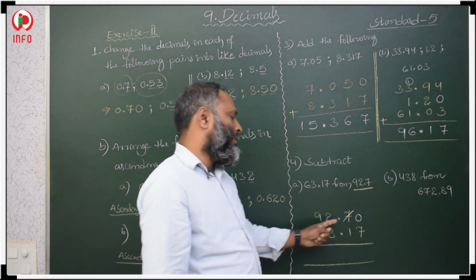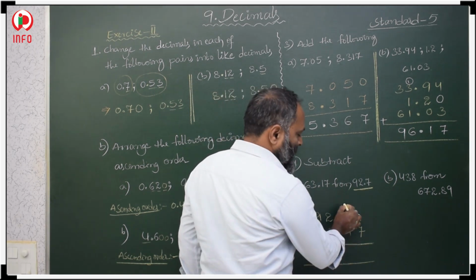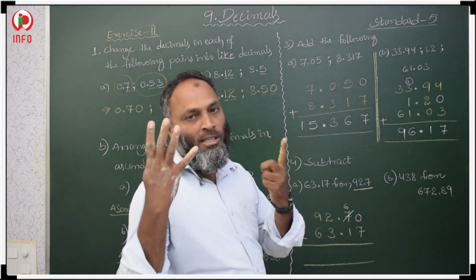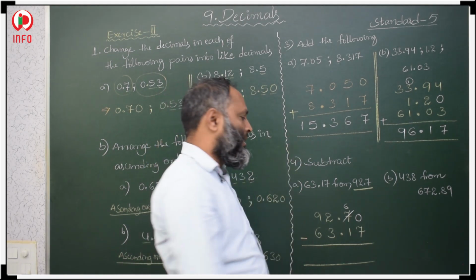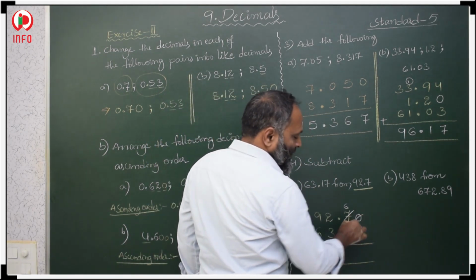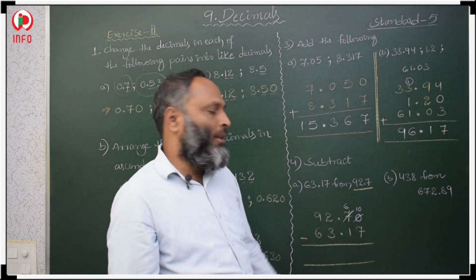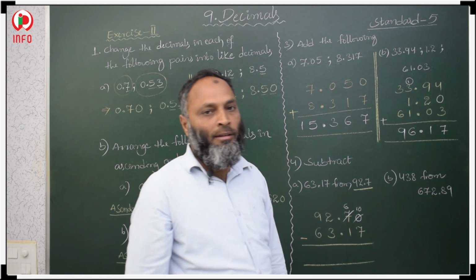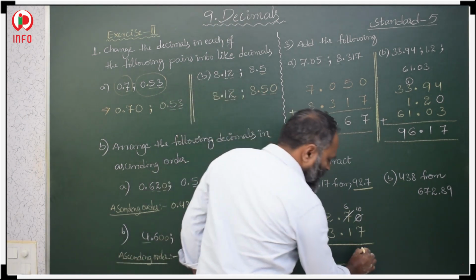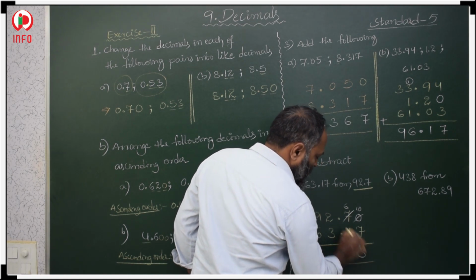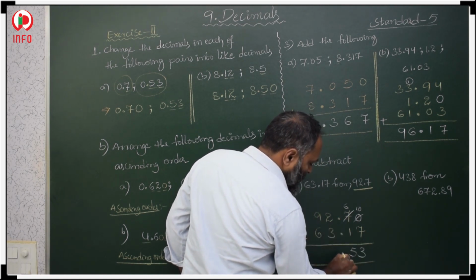If you borrow from here, the value will decrease by 1, so 7 becomes 6. Then it will increase by 10, 10 plus 0, 10. Now 10 minus 7 is 3. 6 minus 1 is 5. And this is a decimal point.